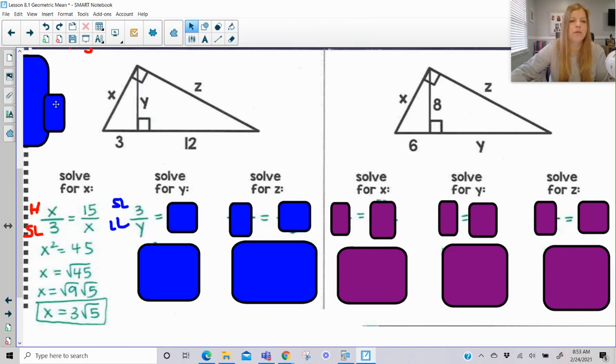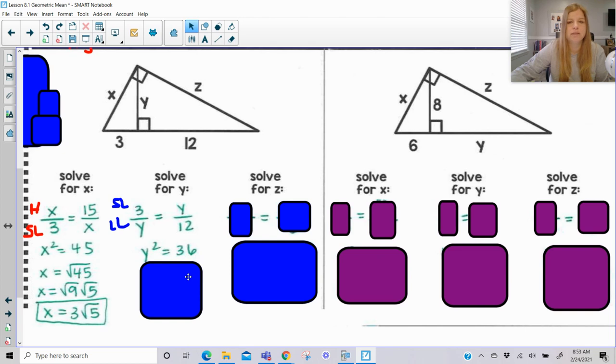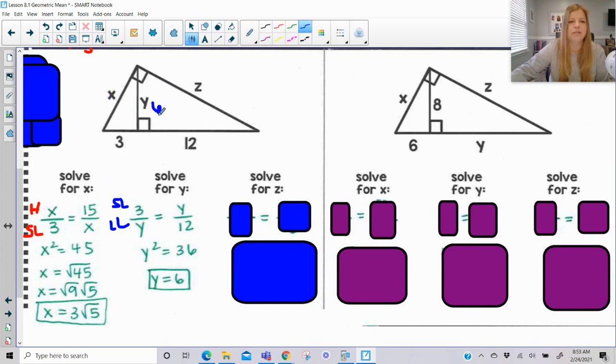So 3 over y is equal to y over 12. Use my cross products. This one ends up being really nice. It's just 6, which, remember the geometric mean? If this is 6, it's the geometric mean in the geometric sequence, 3, 6, 12. So multiply by 2, multiply by 2.